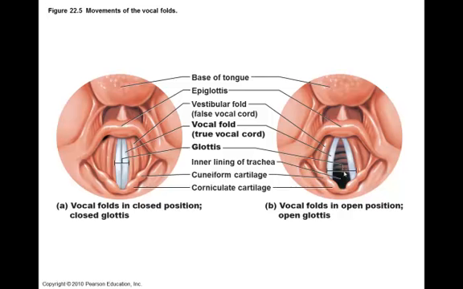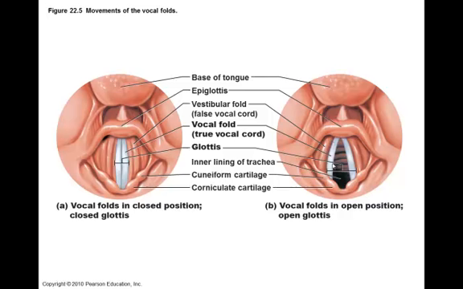So when we push air up through this glottis and we vibrate these vocal folds right here in white, they're white because there is no blood going through your vocal folds. These are just elastic fibers being stretched through here. When we vibrate the vocal folds, that's what causes noise. By the way, here are vestibular folds on either side.